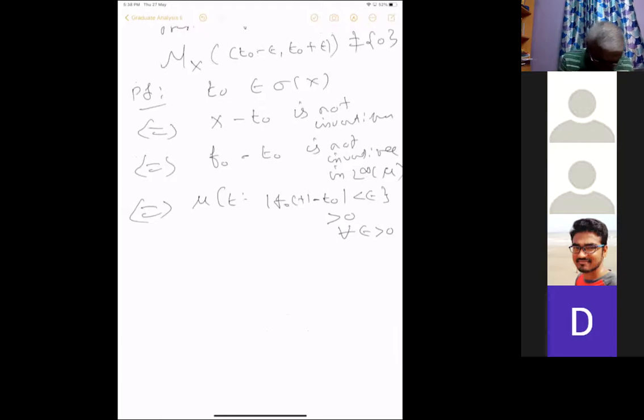You can write, I mean, this is something is invertible. Here I write it: for some function f naught minus t naught is invertible.